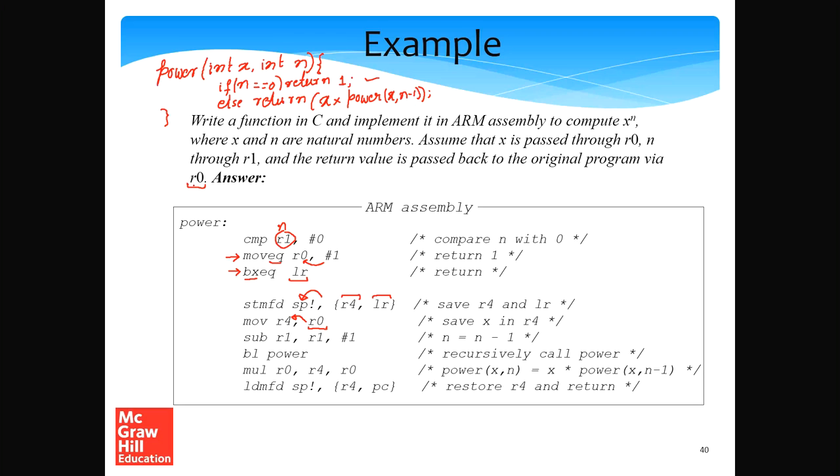Since R0 is being used both as an argument as well as a return value, before calling another version of the power function, we have to save R0 in another register, let it be R4.